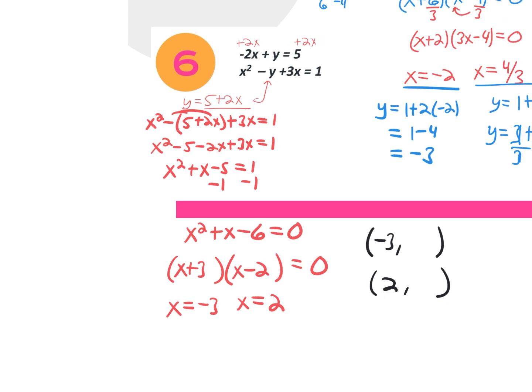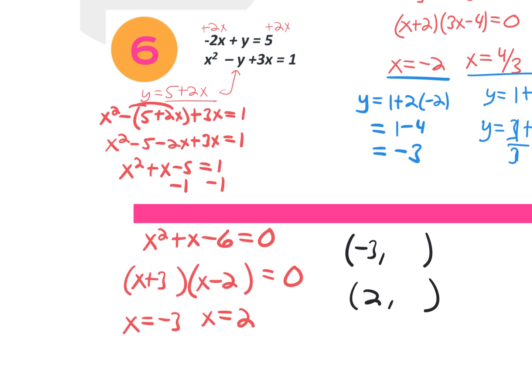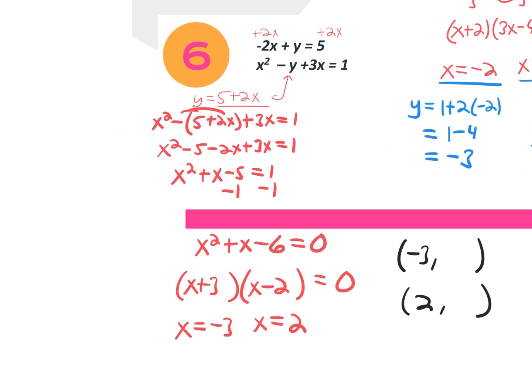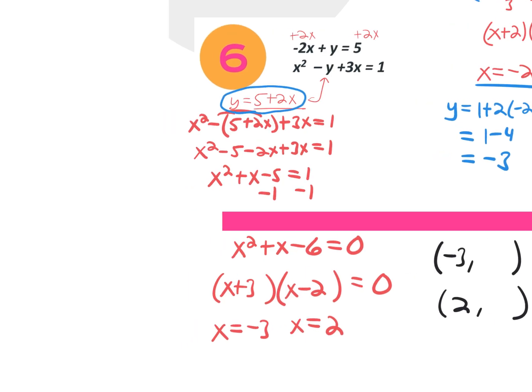All right, so what do we do now to find those somethings? Plug it into what we originally substituted. So let's plug it into this with the y to find the y value. So I'm going to do that off to the side here. It's going to be 5 plus, let's start with x equals negative 3. So it's going to be 5 plus 2 times negative 3.